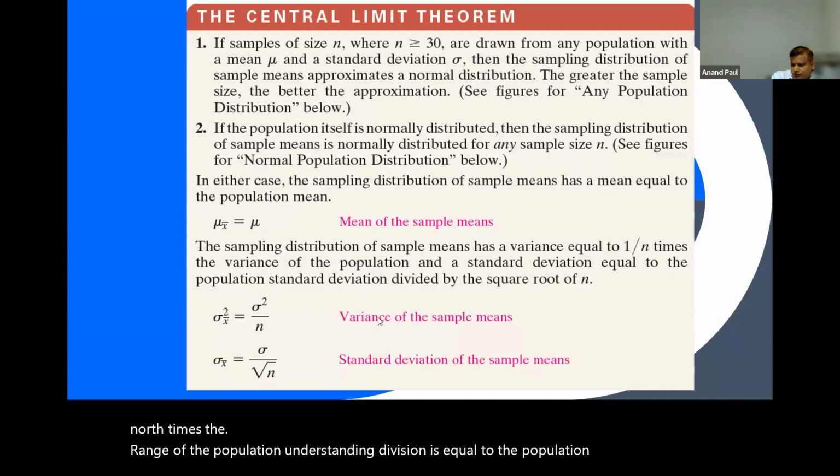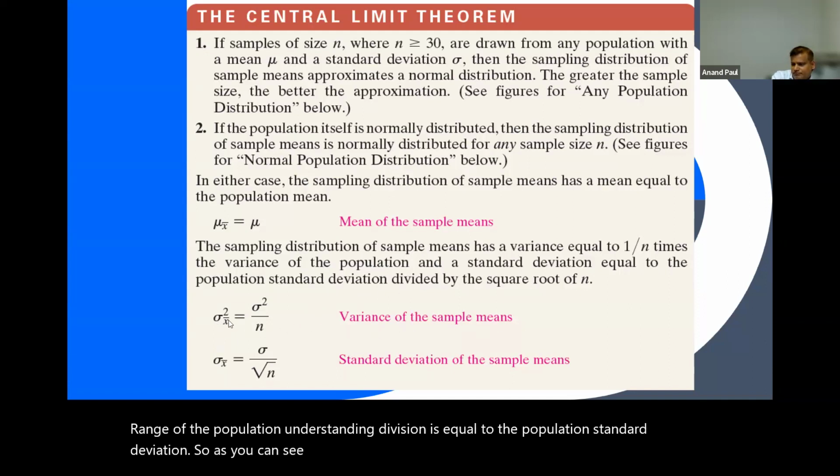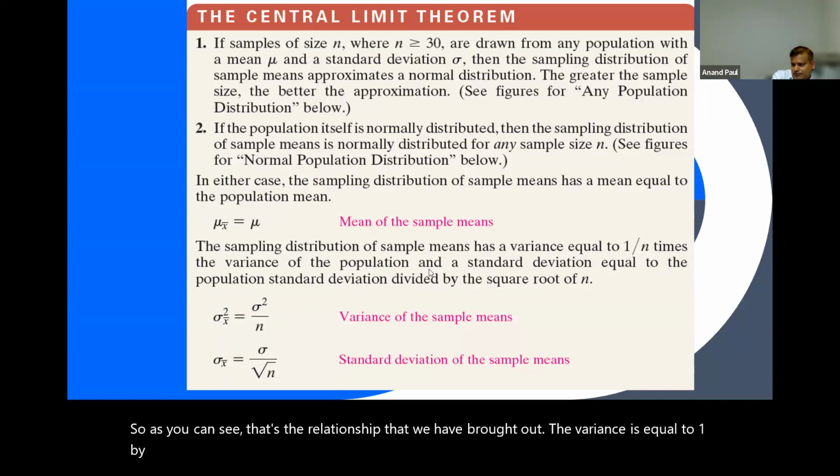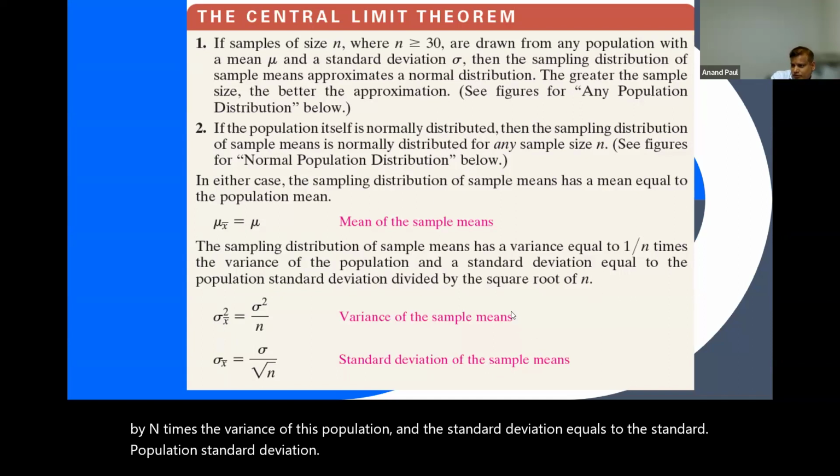So as you can see, the variance of the sample mean is sigma squared by n. So that's the relationship that we have brought out. The variance is equal to 1 by n times the variance of the population, and the standard deviation equals the population standard deviation divided by the square root of n.